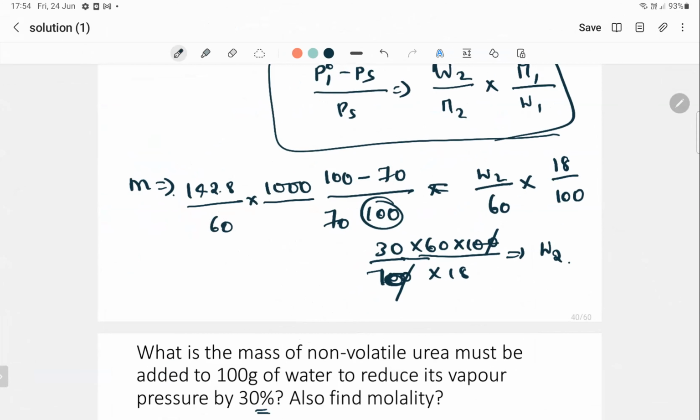See, 1000 divided by the water, they have given 100. So 142.8 divided by 6, 23.8 moles per kilogram. That is your molality.